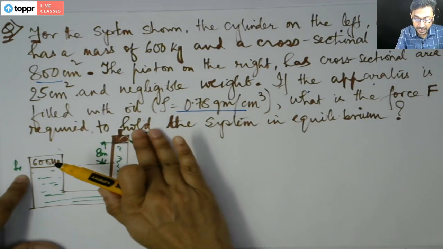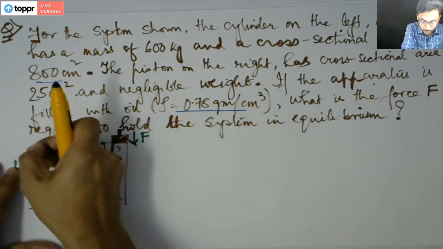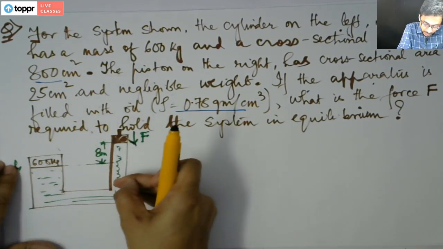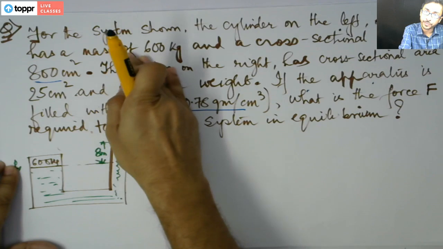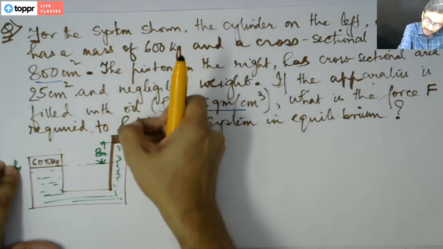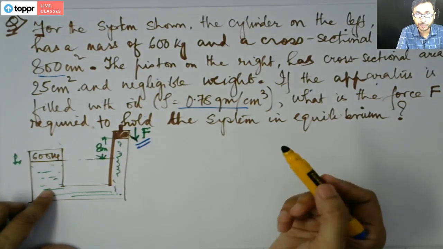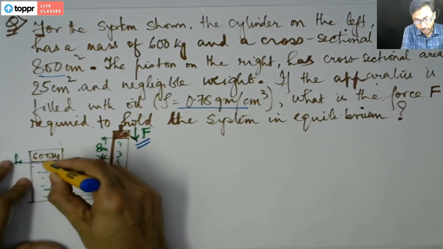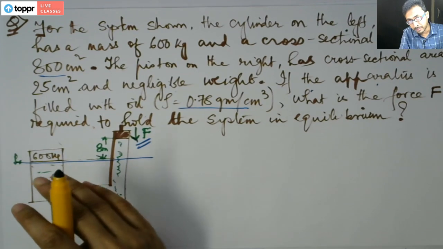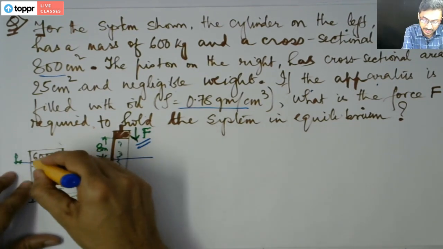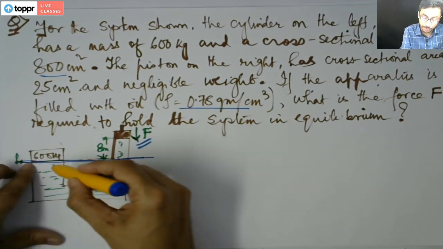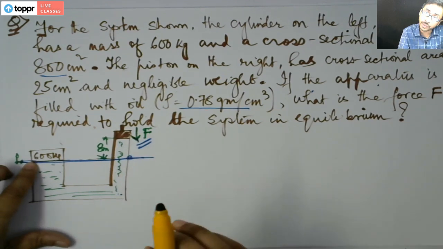Now see, if the force is not there, because of this weight, it will generate a pressure and the piston will go up. So we are holding the system in equilibrium by applying a force. Now we can also apply the previous rule, that in equilibrium the pressure at a particular level will be the same.